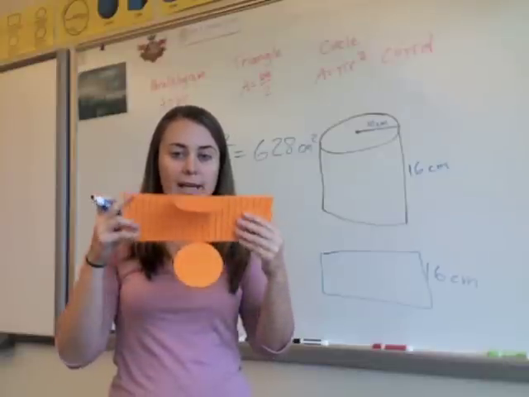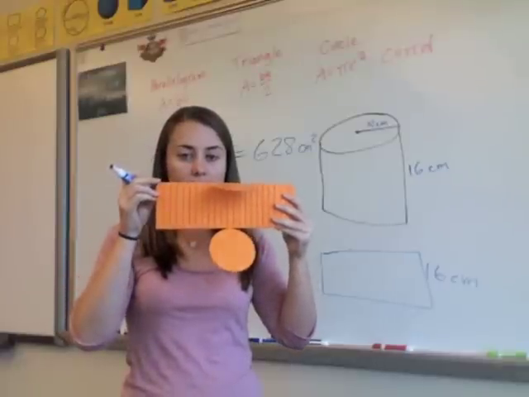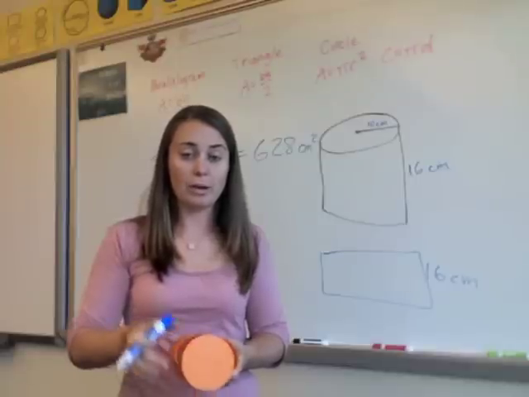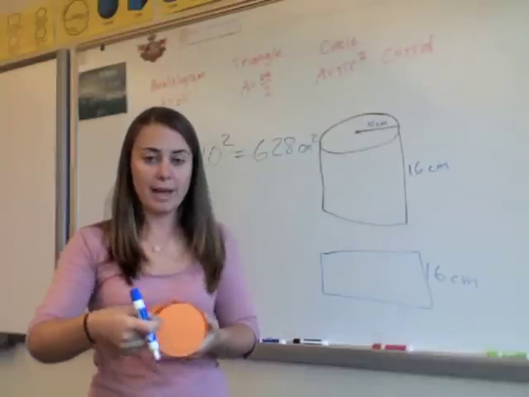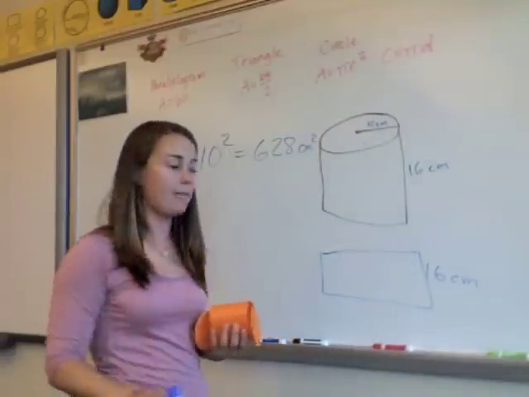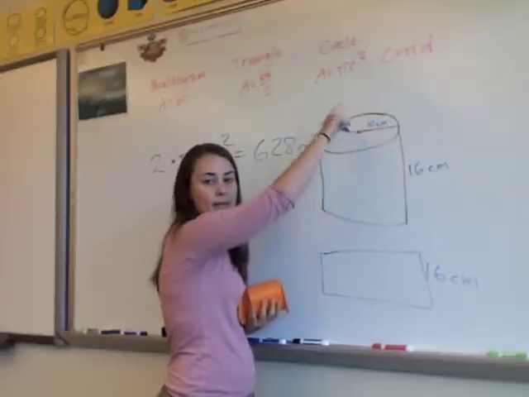I'll show you again. The length of this rectangle, from here all the way over to here, is the same as going around that circle. Well, remember, another word for going around the circle is the circumference. So this is what really throws people off: the length of this rectangle is the circumference of that top circle.